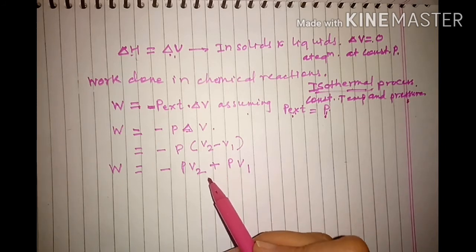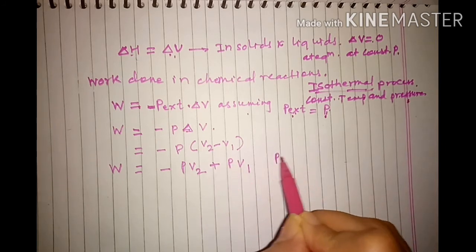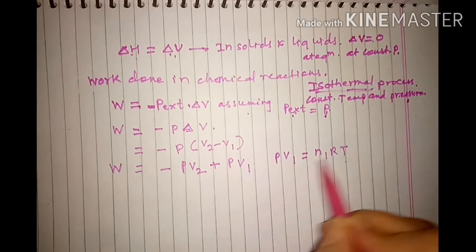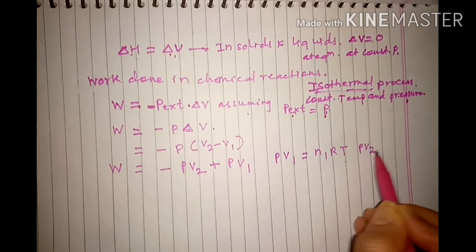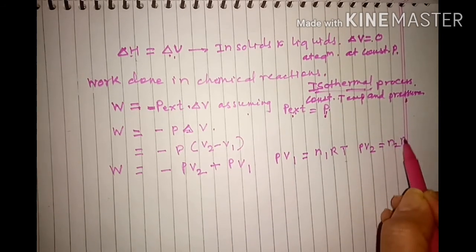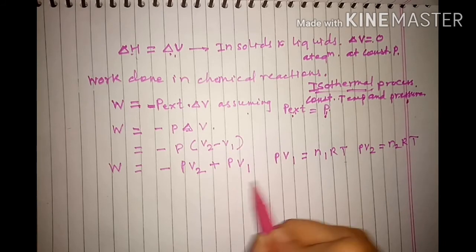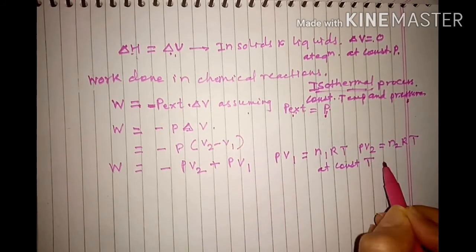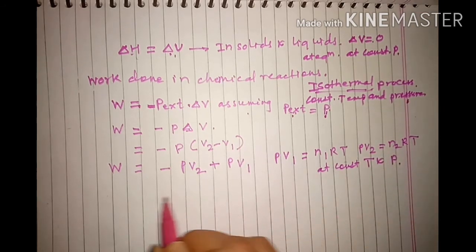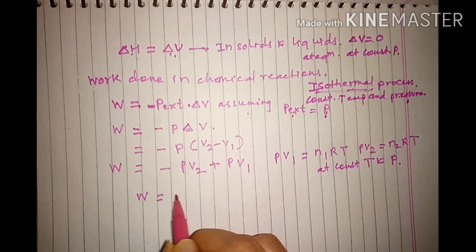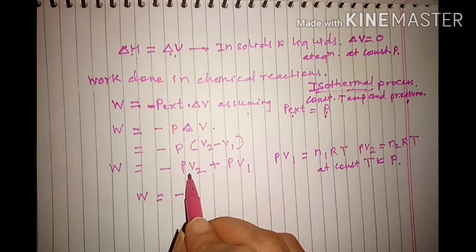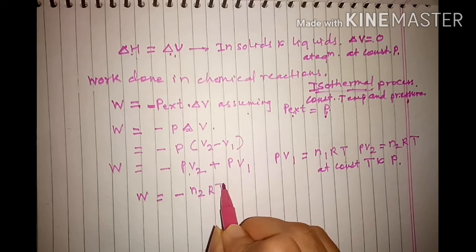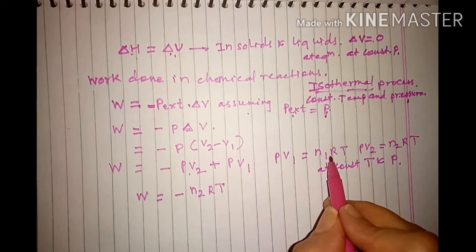If the gases are ideal, PV1 equals N1 RT and PV2 equals N2 RT, isn't it? At constant temperature and pressure, the conditions remain the same. So W will be equal to minus PV2, that is N2 RT, plus PV1, that is N1 RT.